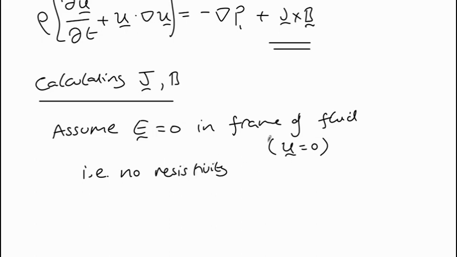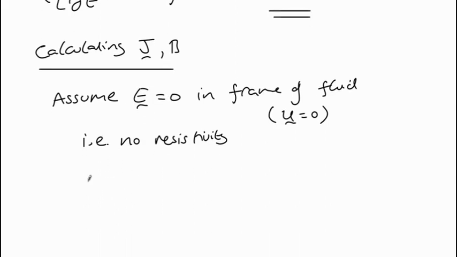Now, if you change frames in special relativity or in electromagnetism, you can transform basically electric fields into magnetic fields. And in a frame moving with the fluid, you have E equals 0. If you move into the lab frame where you have a fluid flow, what you find is that this E in the plasma frame is basically E in the lab frame plus U cross B, and this we're saying is equal to 0.